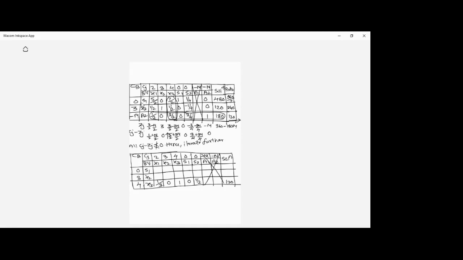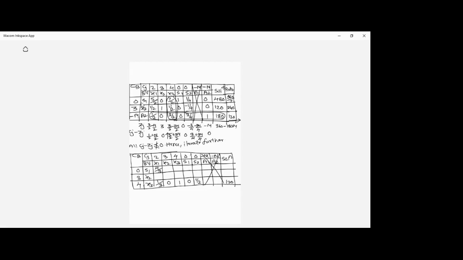Next, the S1 and X2 row values we have to find out. So let's start with S1. The S1 row value can be written as 5 by 2 minus 7 by 2 into 1 by 2 divided by 3 by 2. If you do the calculation, the value will be 4 by 3.